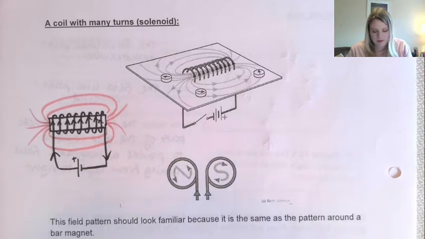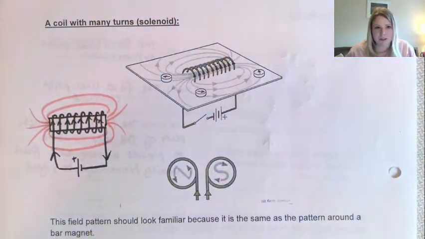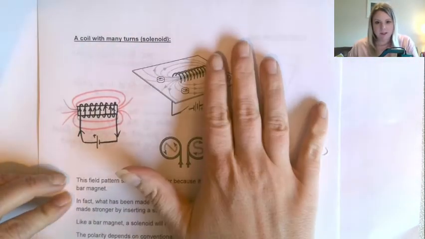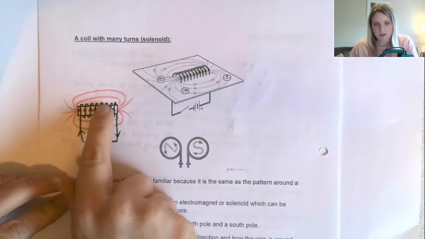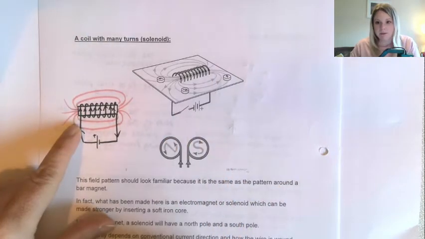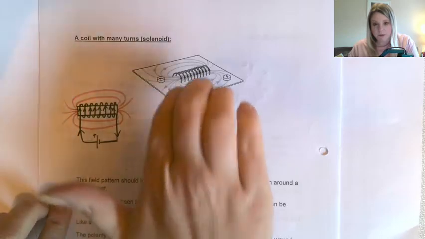Right, so if I take my hand, let me zoom you out a wee bit so you can see this a bit better. Okay, that's maybe a wee bit better. So if I take my hand, I do my thumbs up, I put my fingers as if I'm gripping around this bar here in the same direction as the current is. The way that I drew this one, the current's always going up the front.